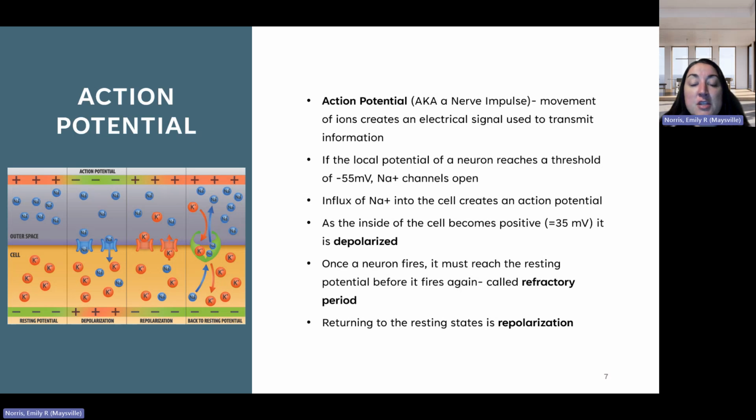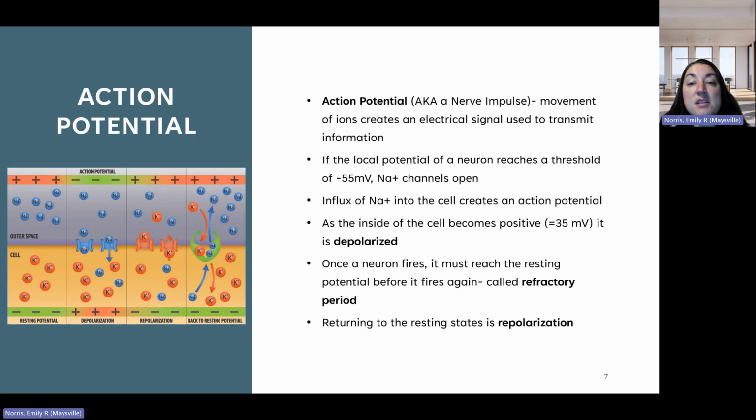So with an action potential, there's a resting state. Once the area becomes less negative and reaches a threshold, sodium channels open and sodium rushes into the cell, causing it to be more positive, which is depolarization.